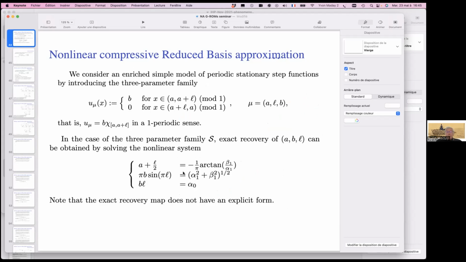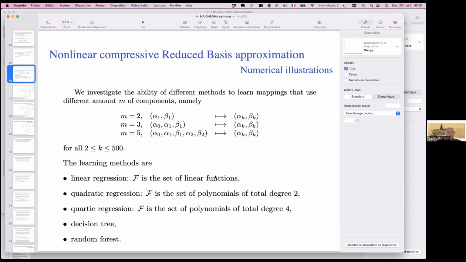What we prove is that the relation between A, B, and L and alpha 0, alpha 1, beta 1 is not a polynomial of degree 2, it is much more complex. So when you try to recover this mapping with a linear function, a polynomial of degree 2 or of degree 4, you will be able to improve the approximation a little bit, but you will not be able to hit it.